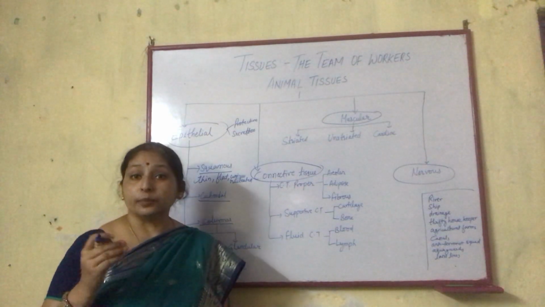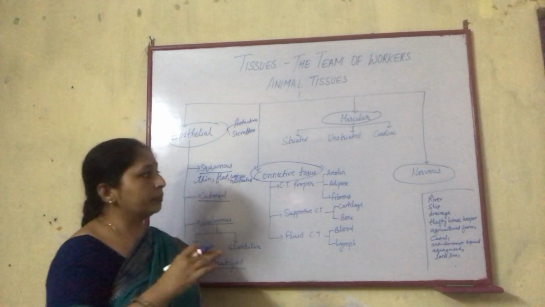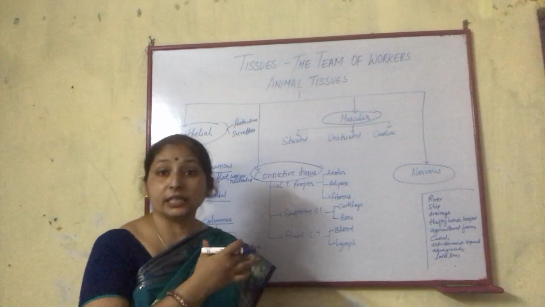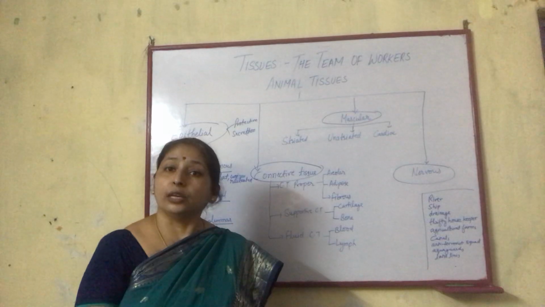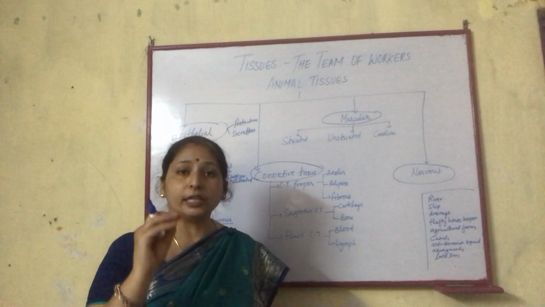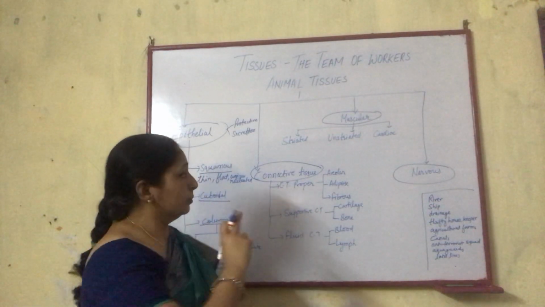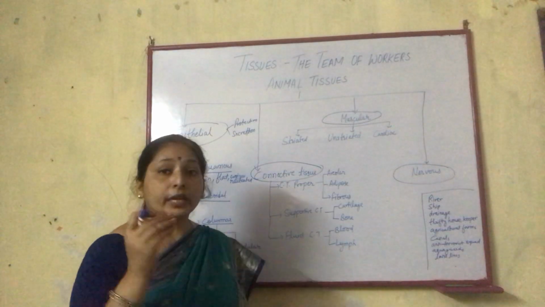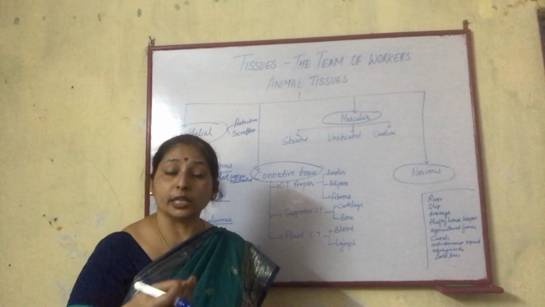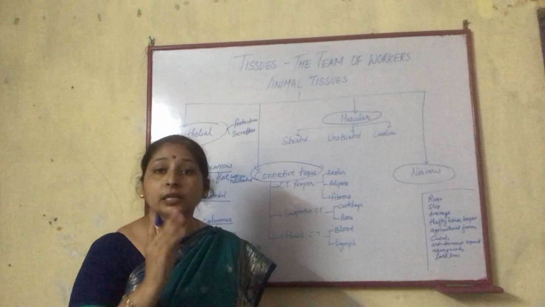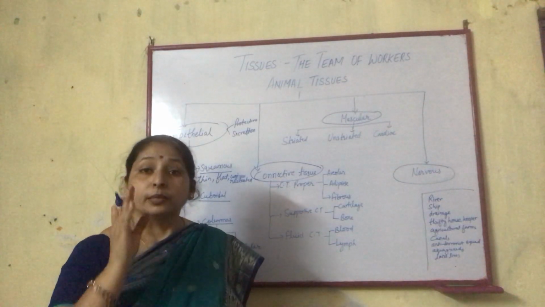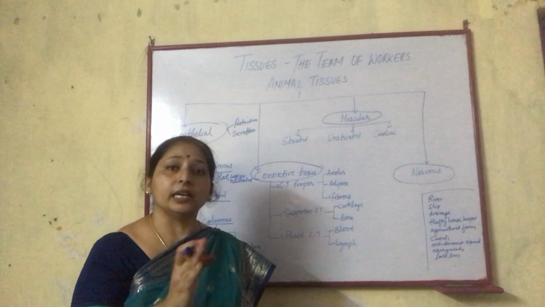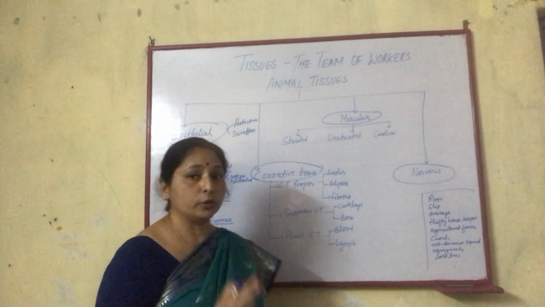In this chapter, especially in animal tissues, you have to mention the function and location of each and every tissue. The question may be asked about where it is located, what is the proper location. You can't just write that it is present in the body or in the liver. No. Mention the specialized area and specialized function of that particular tissue.